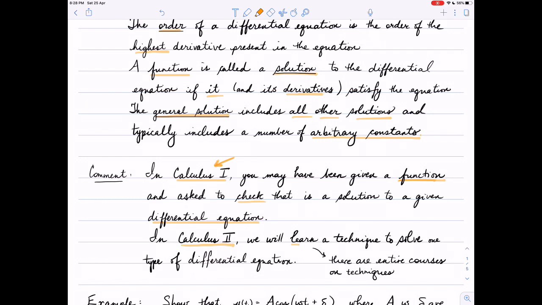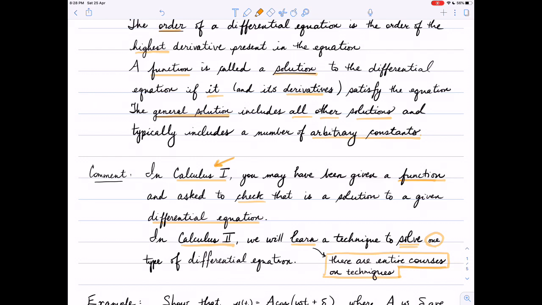But we are going to learn a technique to actually solve only one type of differential equation. There are many types of differential equations, and many techniques to solve them. In fact, you can take an entire course, or more than one, on how to solve differential equations.